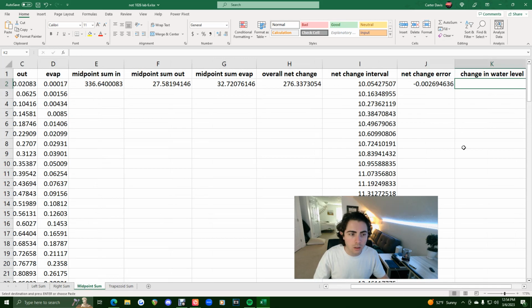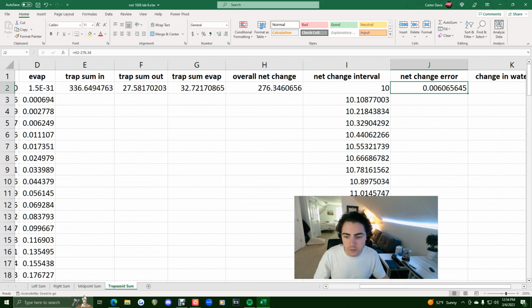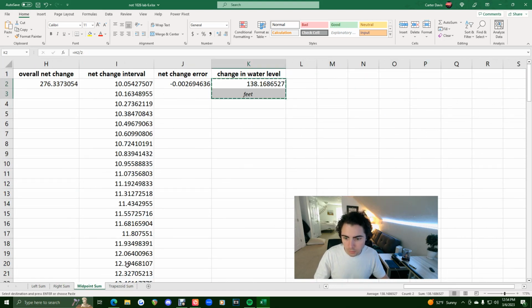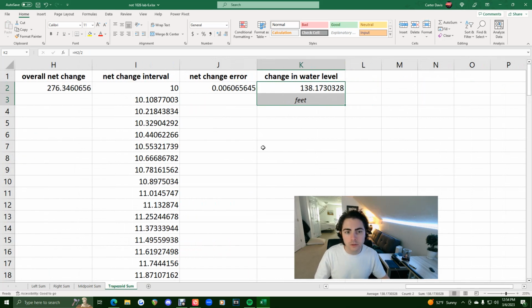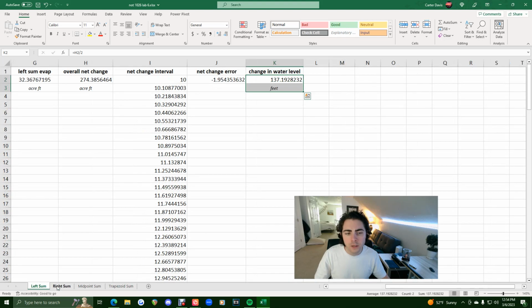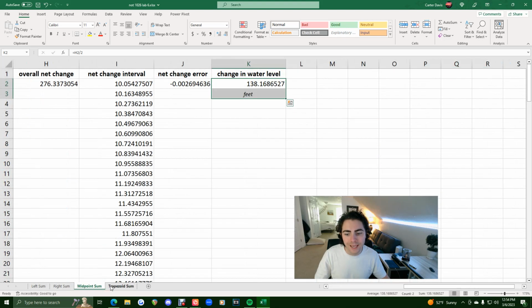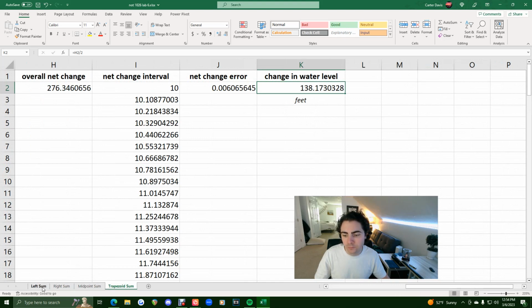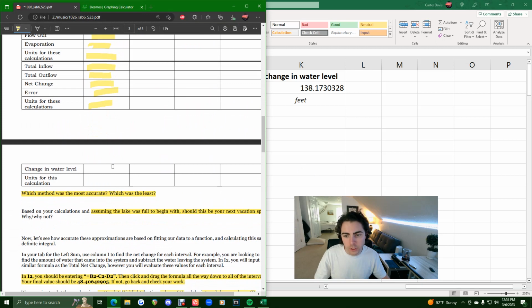Copy with Control C, hit enter, 138. For each one, we got about 137, 139, 138, and 138. So for the change of water level, all the values I just read off are in feet.